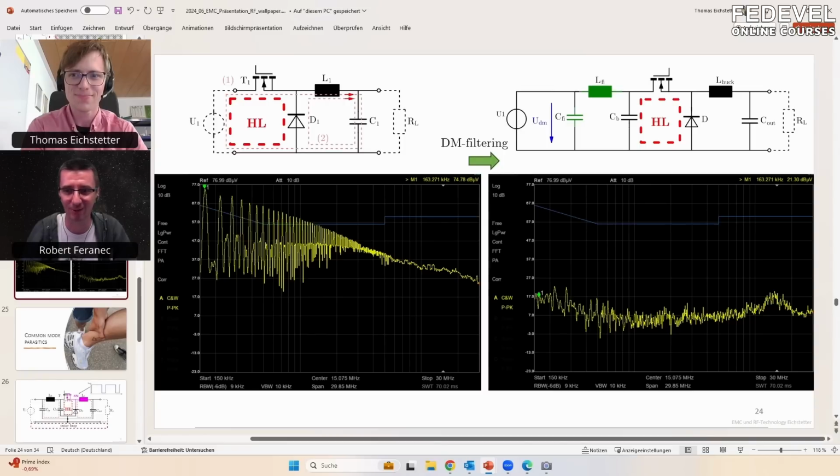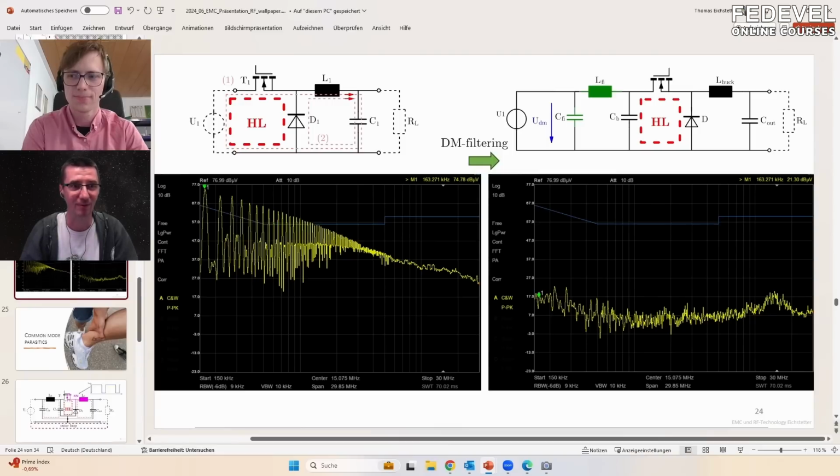Is this what we are going to talk about, Thomas? Yes, that's right, Robert. And you have practical examples. So this is not only theory, we really have this circuit, you are going to measure it. So if someone is interested to learn how to measure EMC in their lab, they can basically follow what you will be doing. And as I said, you have a really cool method how to calculate this filter.